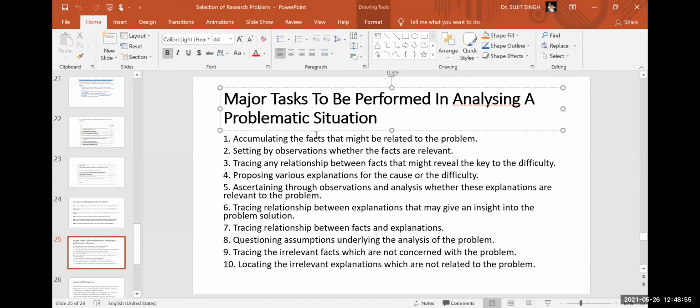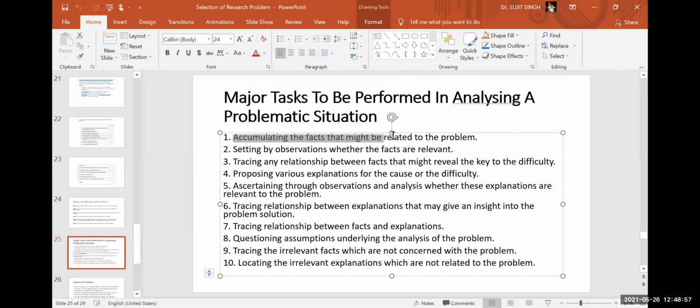You have gathered some facts related to the problem. You have to find out, is there any relationship between those facts and the problem happening? Then proposing various explanations for the cause or the difficulty. You have to find out what the causes are, what the difficulties are.